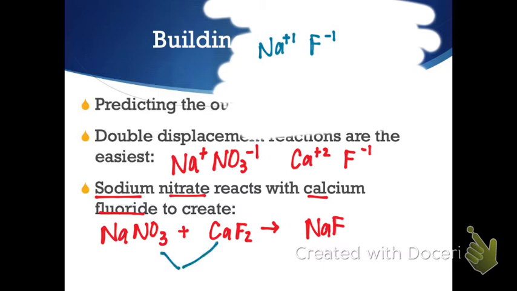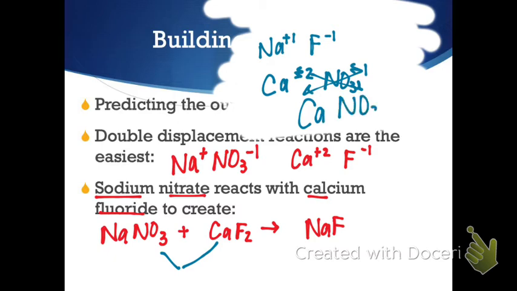So I'm going to figure out what that would look like. Calcium is a +2. Nitrate is a -1. Where do I find nitrate on my periodic table of ions? In the box, right? It's got to be in the box. Ates and ites come in the box. So now I'm going to crisscross. I drop the plus and minus. And so that looks like CaNO3.